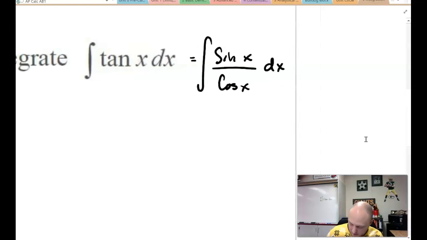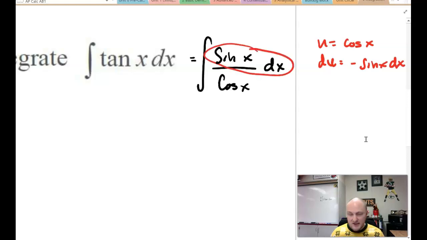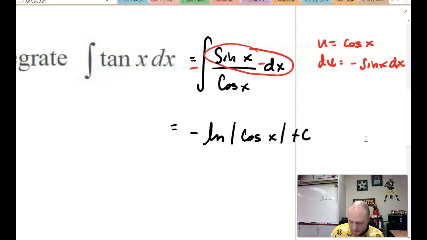Okay, and I'm going to let u be cosine of x, and then the derivative of that is negative sine of x dx. So I have that here. I'm just missing the negative, so I can add in a negative here, but I better balance it outside with another negative. Okay, so this ends up giving me negative natural log of the absolute value of cosine of x plus c.